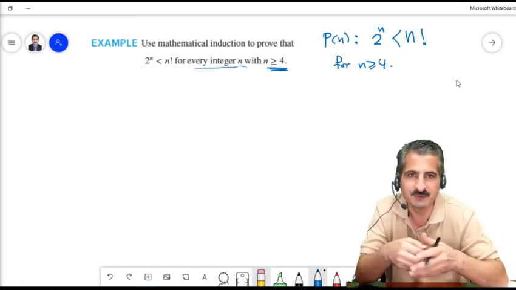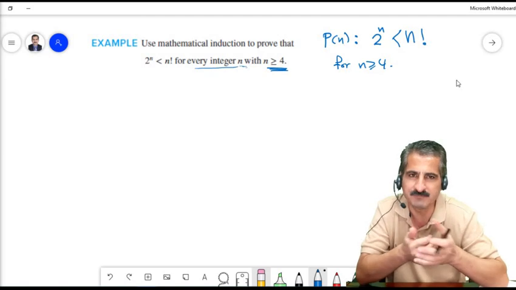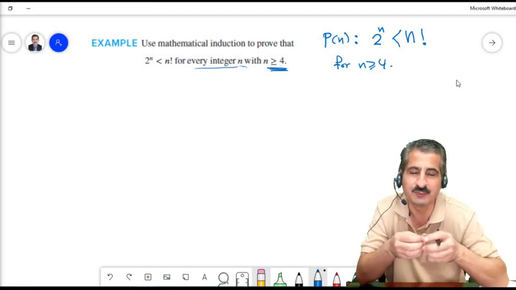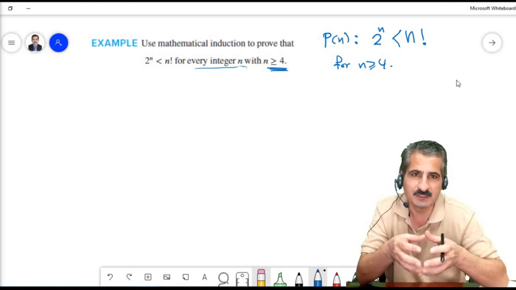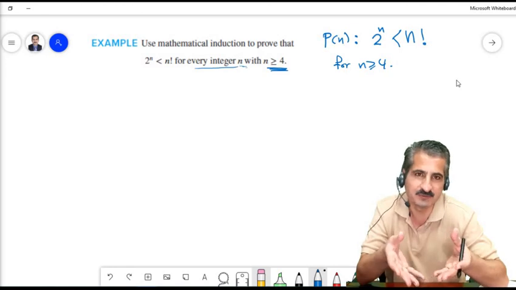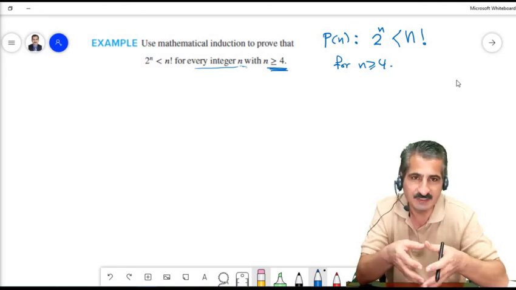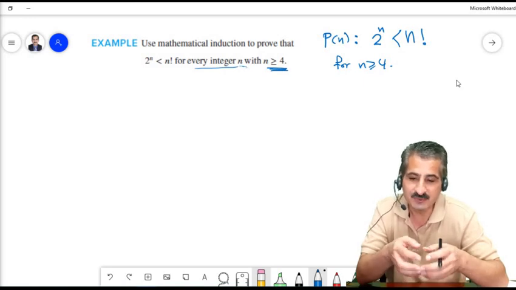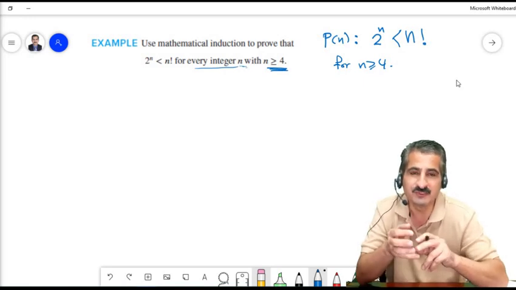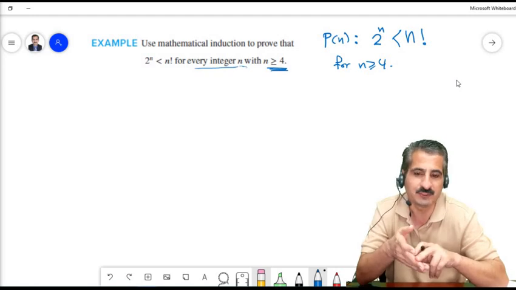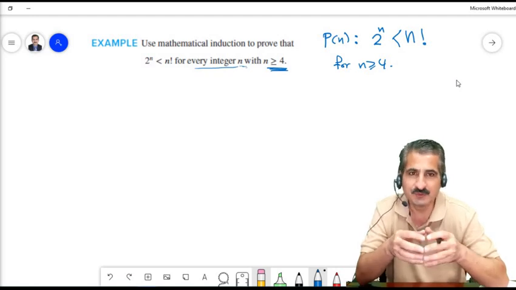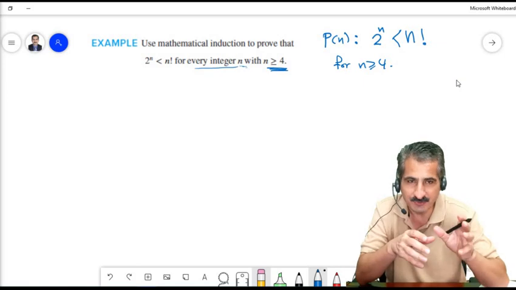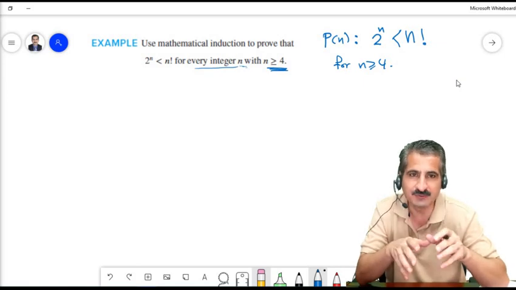Try to substitute that. 2 to power 1 is not less than 1 factorial. 2 to power 2 is not less than 2 factorial, which is 2. 2 to power 3 is 8, which is not less than 3 factorial, which is 6. So P of n is false when n equals 1 or 2 or 3. But it is true when n starts from 4 and takes all integers after that.